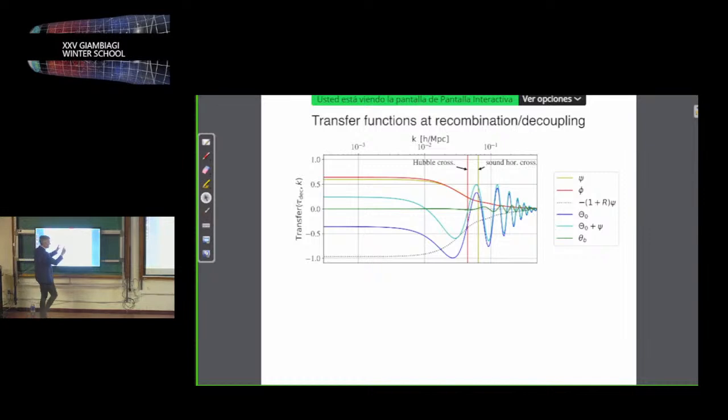And then if we take a picture of theta 0 as a function of k at decoupling, we have qualitatively the same curve as before, again, with this constant value on super Hubble scales, and then this series of oscillations, roughly centered on the dotted line, and with an amplitude that has been increased for modes that cross during radiation domination due to this gravitational boost effect.